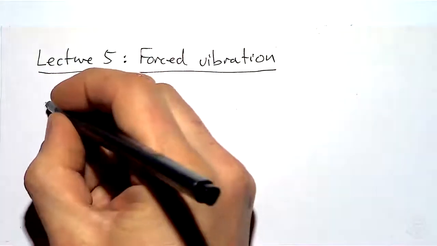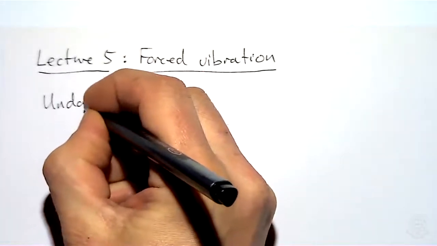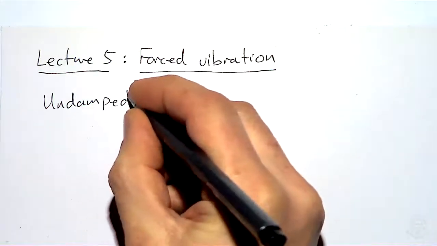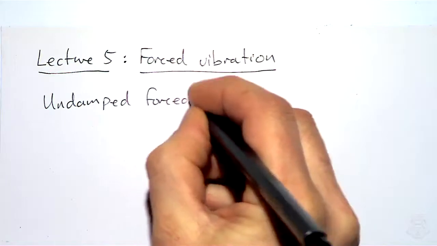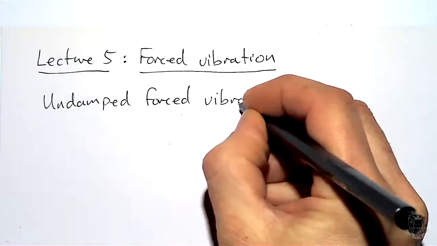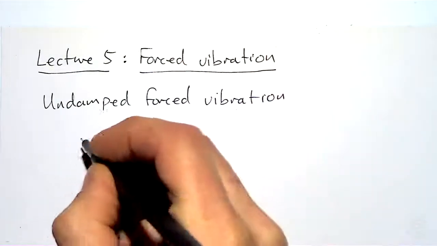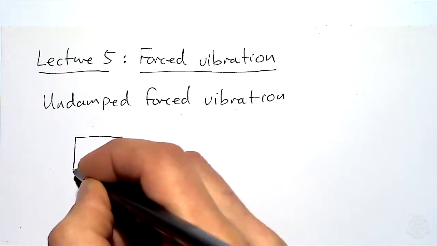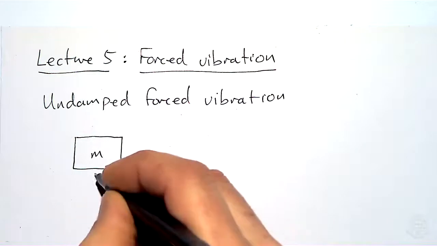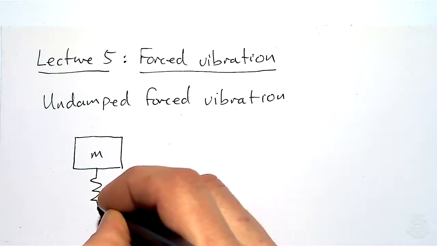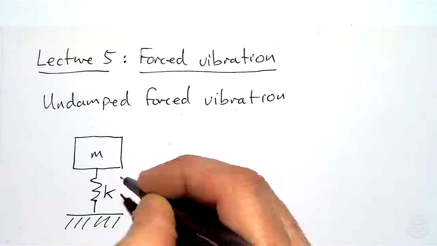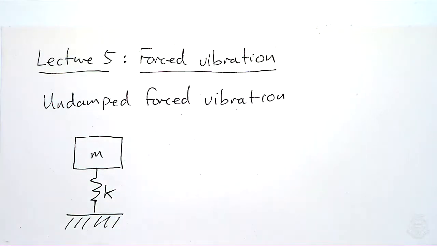Okay, so we're going to start with undamped forced vibration. And so what we're considering is a system like this, mass spring damper, where all of our notation is the same as before.